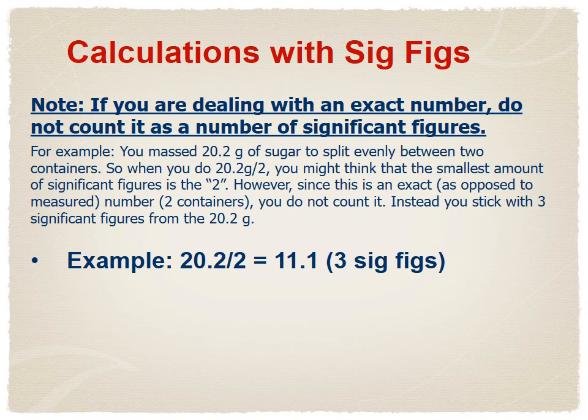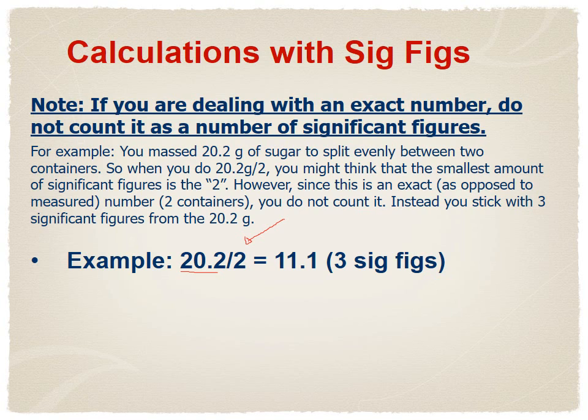One more little caveat or little trick to mention. If you are dealing with an exact number, don't count that in your number of sig figs for operations. So for example, let's say I measured 20.2 and I want to divide that between 2 people. That's a counted number. It's an exact number.